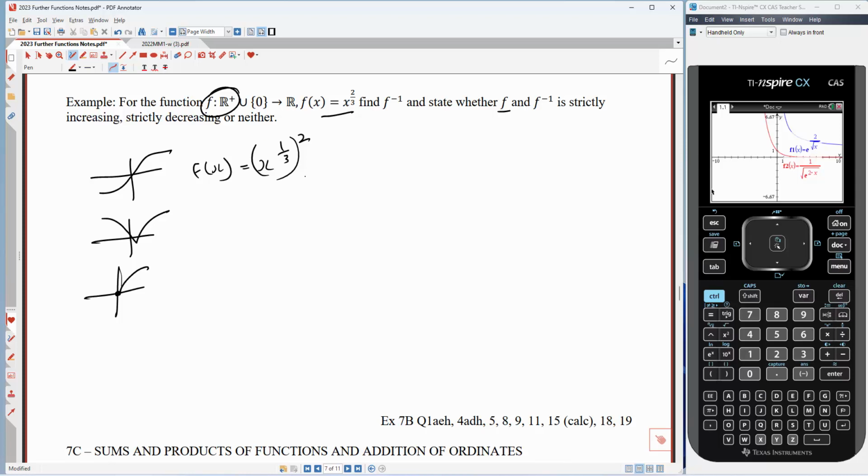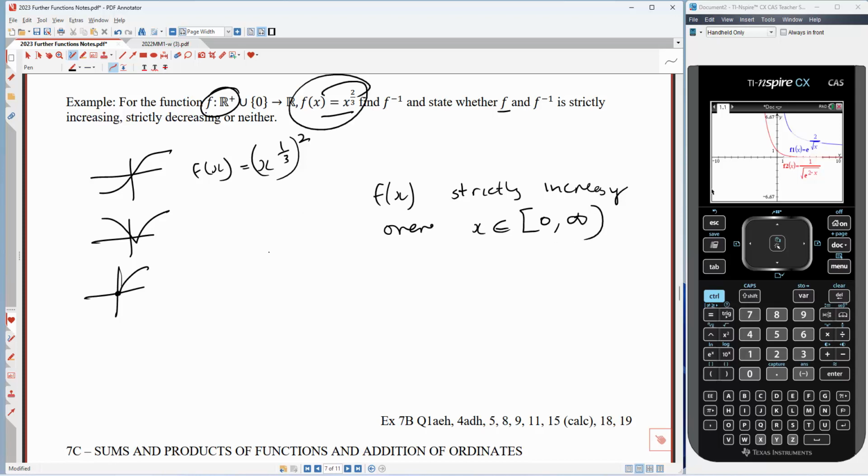Alright, so we can see that f of x is strictly increasing over x is an element from 0 to positive infinity. Alright, let's invert this thing now.